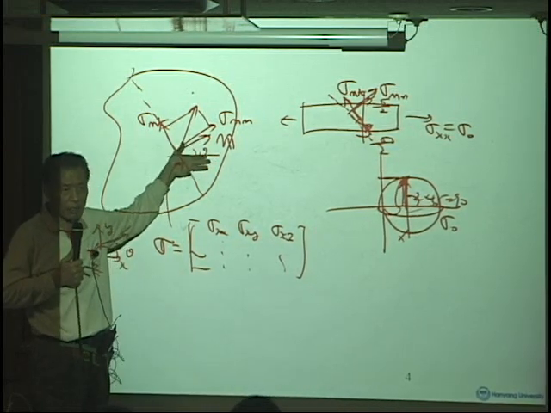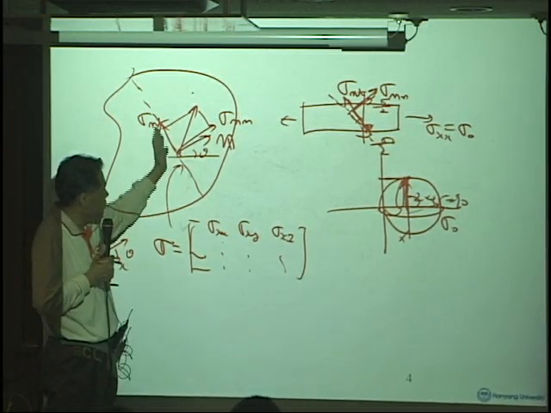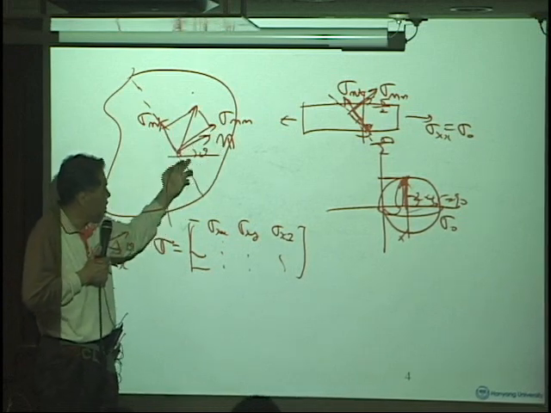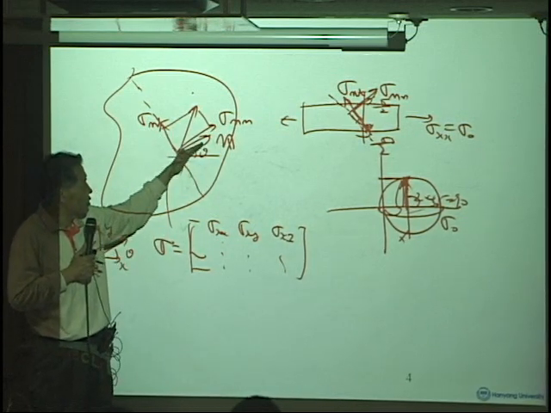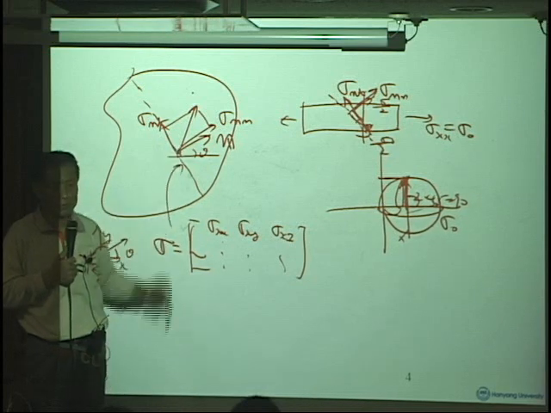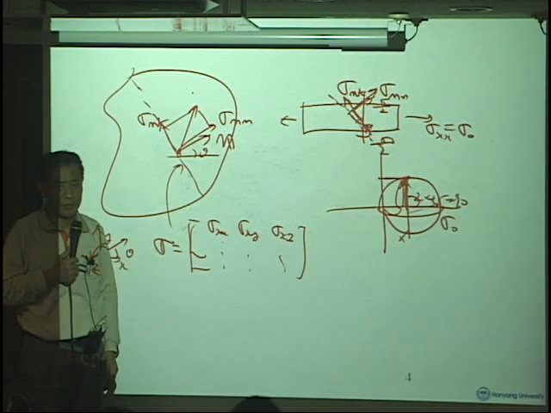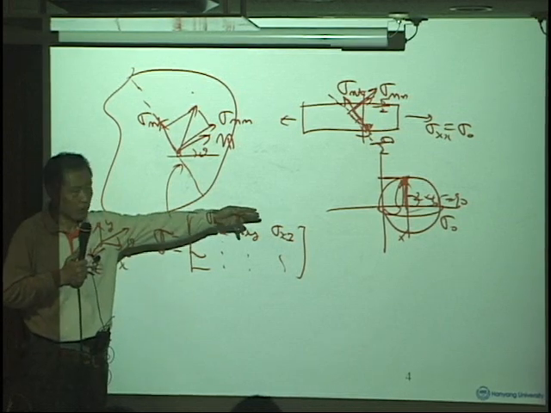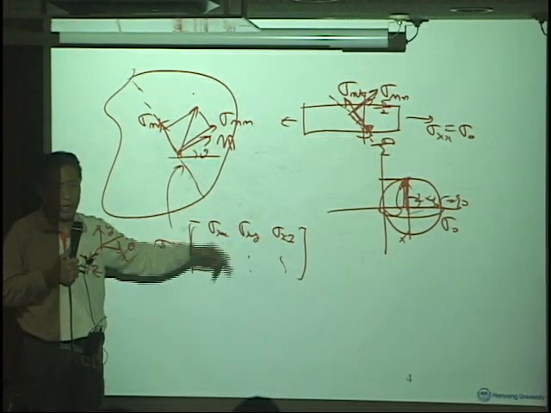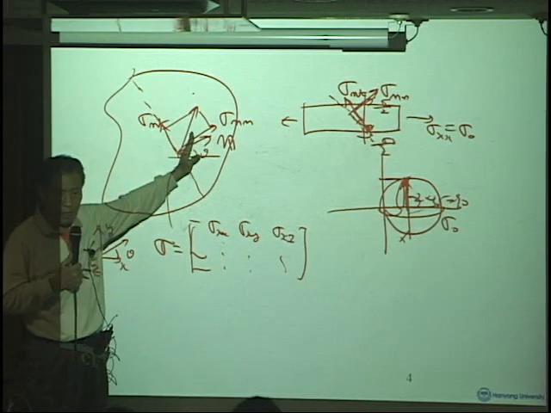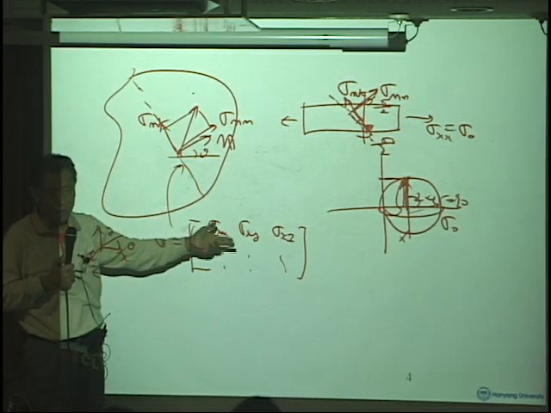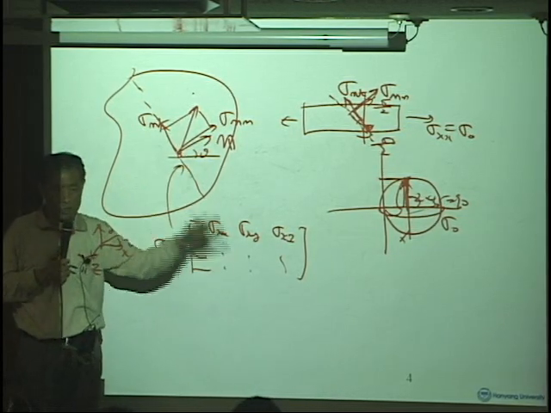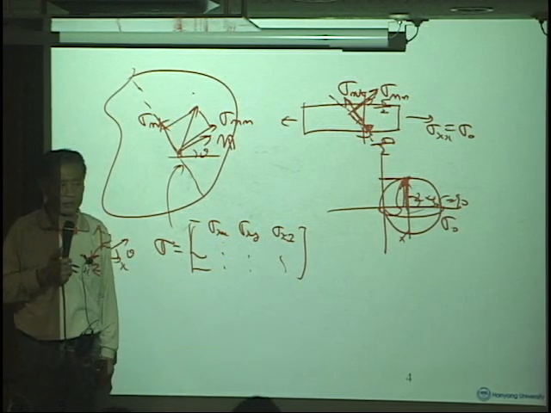If the question is like that, you calculate this sigma nn, which appears on this plane. How do we do that? It's exactly the same as that procedure. You draw the Mohr circle and you rotate 2 theta in the Mohr circle and you get the normal stress and shear stress.